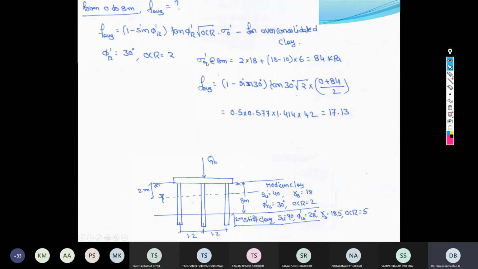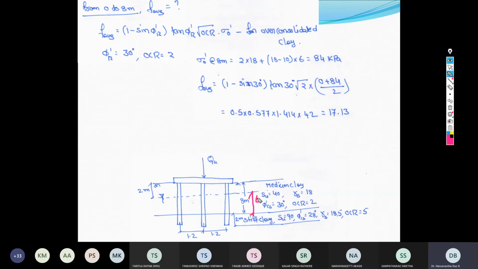So sigma naught dash up to a depth of 8 meter: since the groundwater table exists at a depth of 2 meter from the ground surface, above 2 meter the density of the soil is 18. So therefore 2 into 18, plus the remaining depth, 8 minus 2, that is 6 meter.